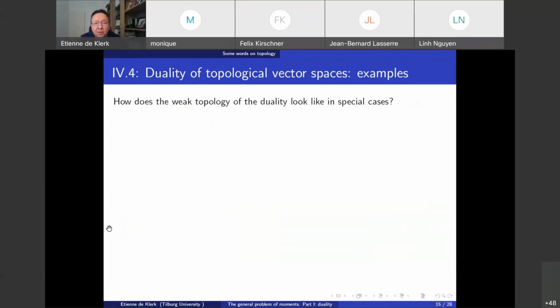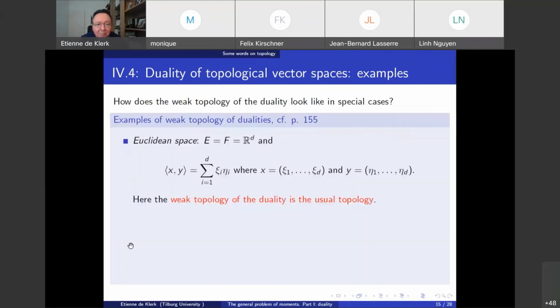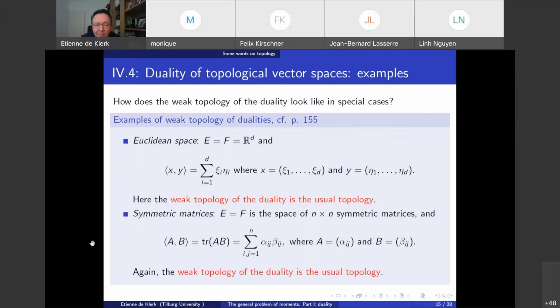Okay, so let's get back down to earth and try to understand a few special examples. Fortunately, in Euclidean space, everything is as it should be. If we use the inner product as a duality, then we just get the usual, familiar standard topology in R^n. We get the standard topology for the symmetric matrices.